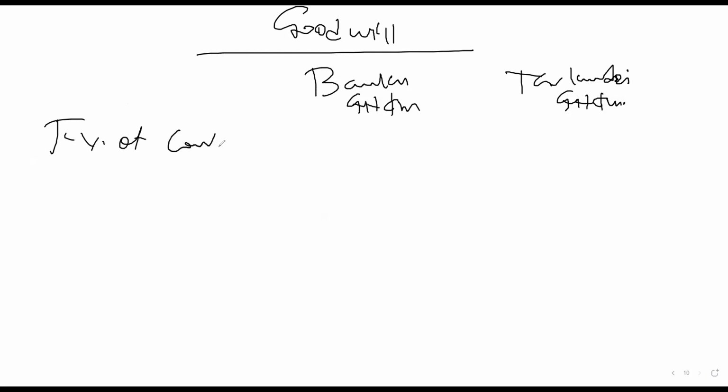Fair value of consideration. The direct consideration, in brackets, direct. Consideration paid by the parent. What is the direct consideration paid by the parent? 625. Good. 625. We agree.